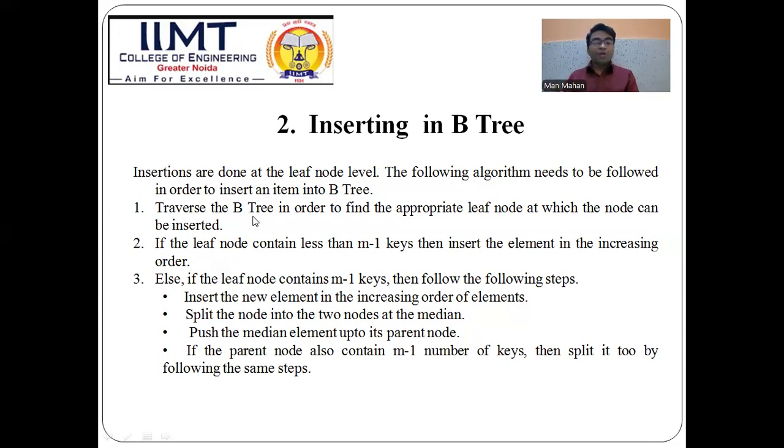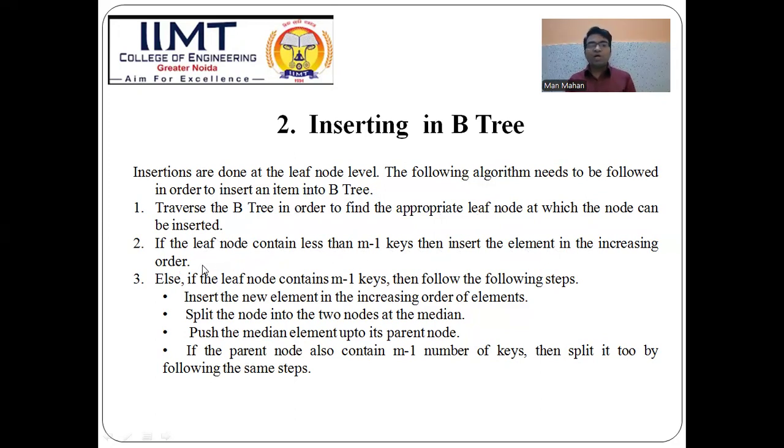First of all, we traverse the B tree to find the appropriate leaf node at which the node can be inserted. Next step, if the leaf node contains less than m minus 1 keys, then insert the element in increasing order.